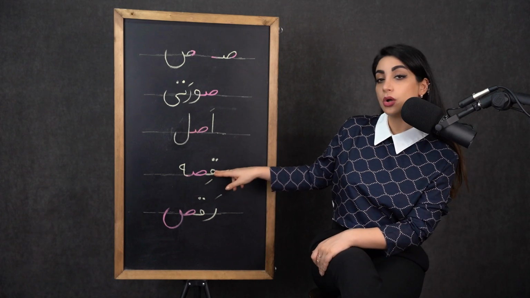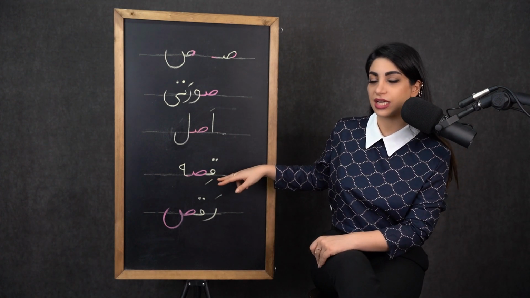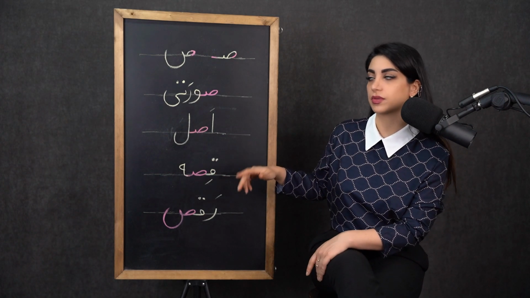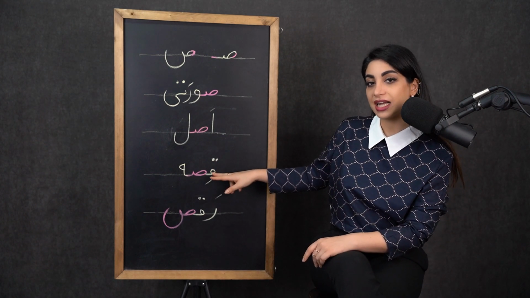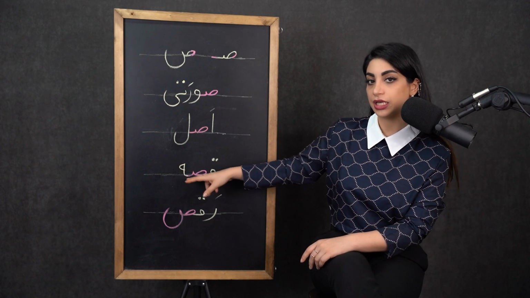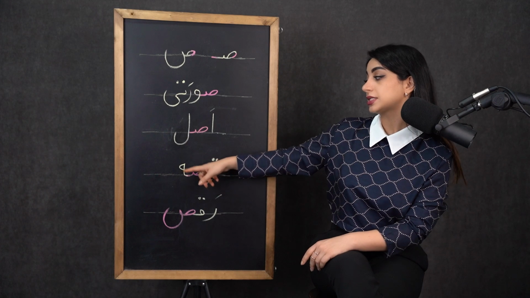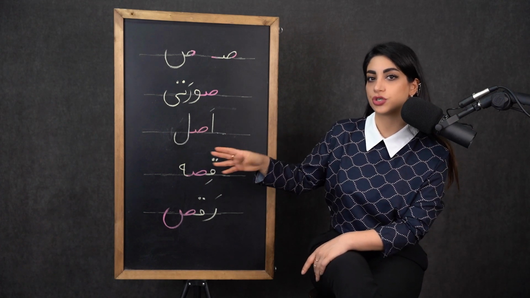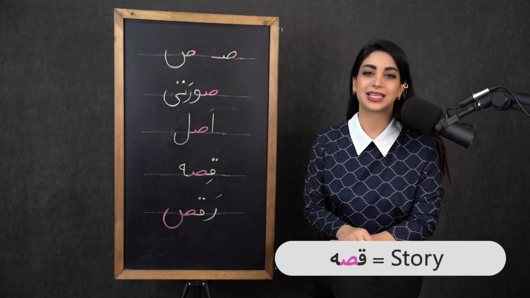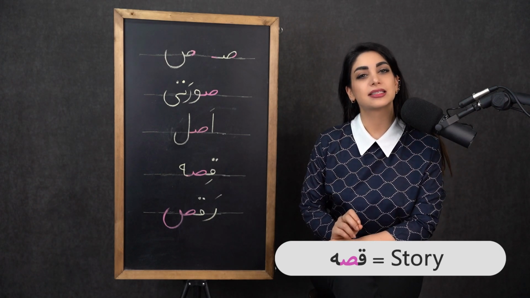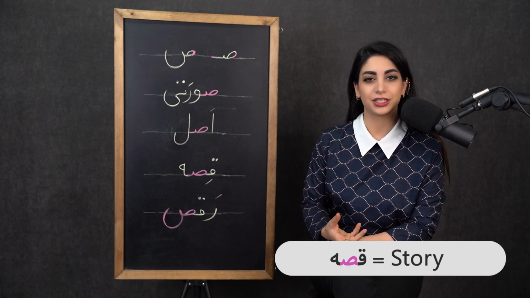Next one. Well, we know that q has to attach to the next letter, like all the other lowercases, most of them actually. So it attaches to se. Yeah, and here it attached to the other one. This one you will learn in the future. So this one, qisse. Qisse is the same as story in English.